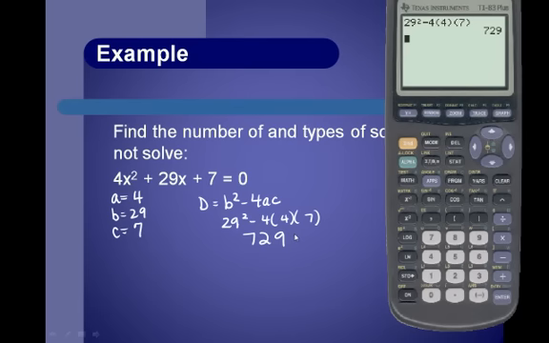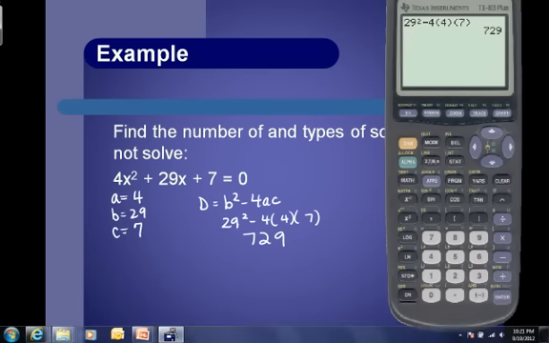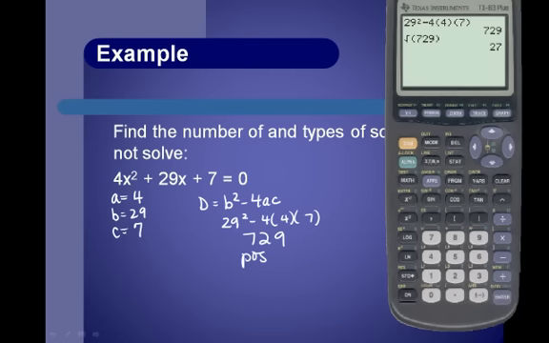Well, is 729 a perfect square? Let's check. So we're going to take the square root of 729, and that gives us 27. So this is a positive number that is a perfect square. Therefore, we are going to look for two real rational solutions.